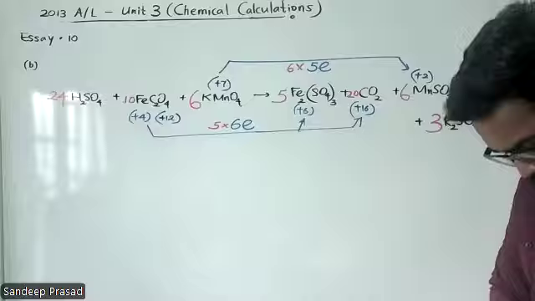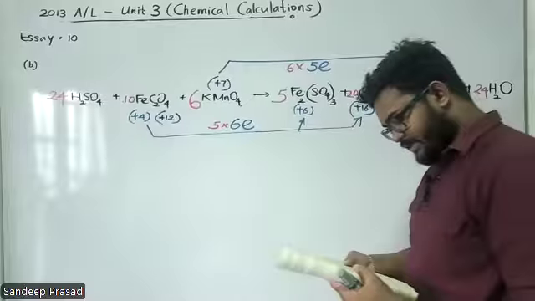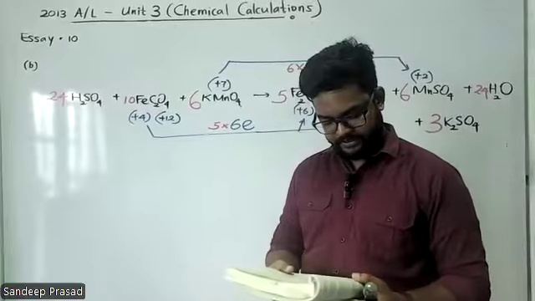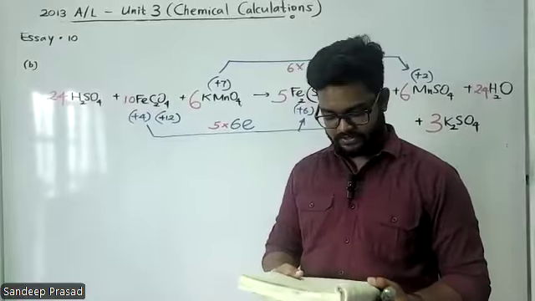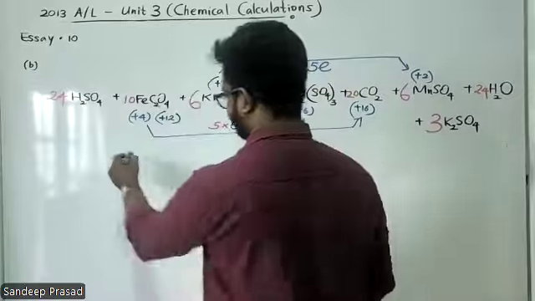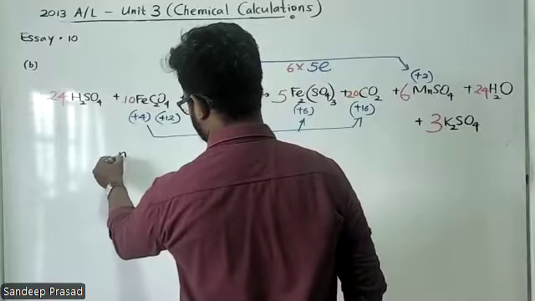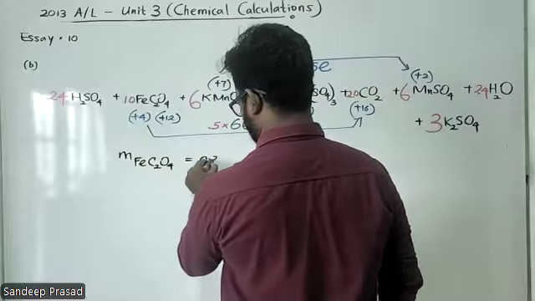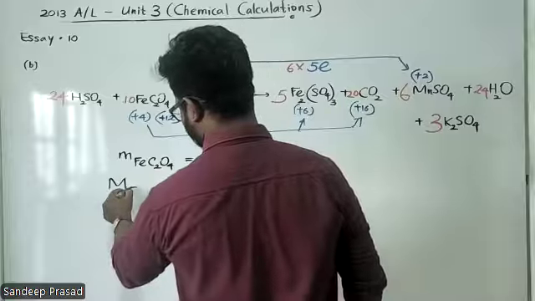Right. So now they're asking what is the volume of potassium permanganate required to completely react with this ferrous oxalate? So the ferrous oxalate mass is given 0.3. What is the molar mass of ferrous oxalate?